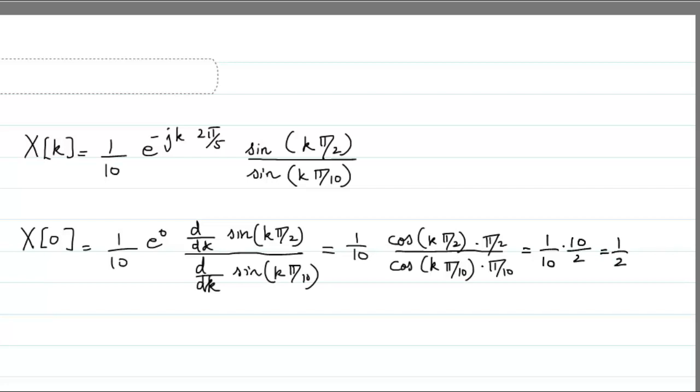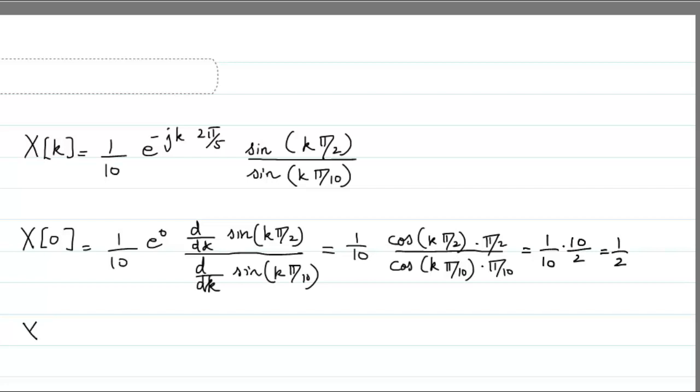If you remember, in the first method, we again got the answer as 1 by 2 itself. So it does not matter whether you use this equation or the first equation, you will get the same answer. But generally, as I said, in most of the textbooks, the DTFS of a periodic pulse sequence is basically found out by this method. That is why I am also using this method.